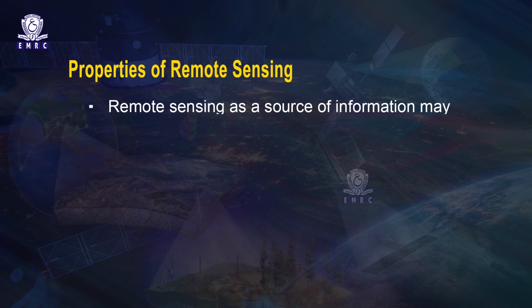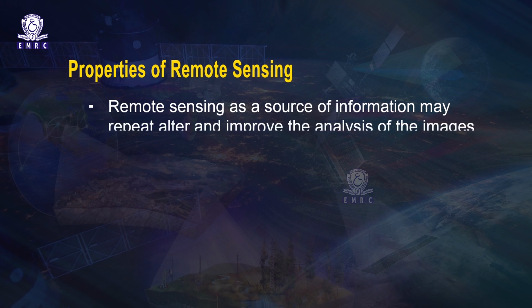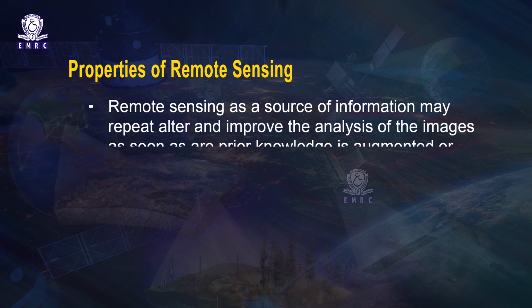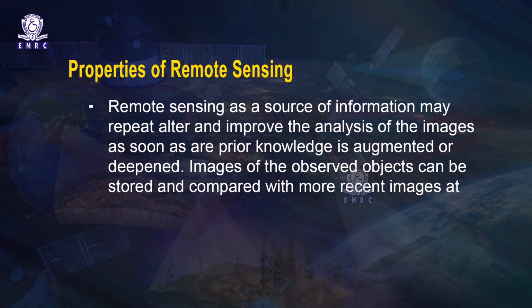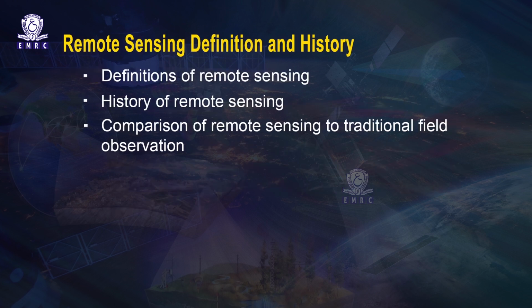Remote sensing as a source of information may repeat, alter and improve the analysis of the images as soon as our prior knowledge is augmented or deepened. Images of the observed object can be stored and compared with more recent images at a later time.